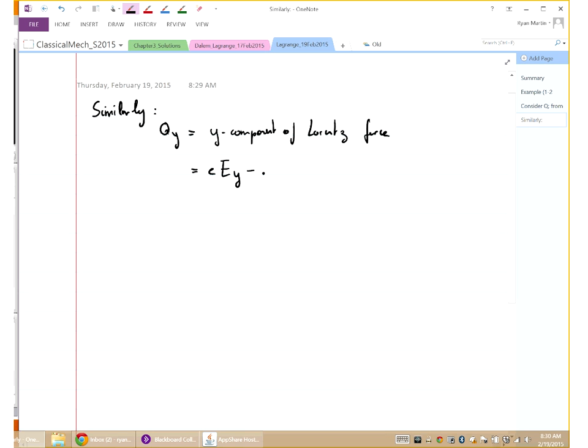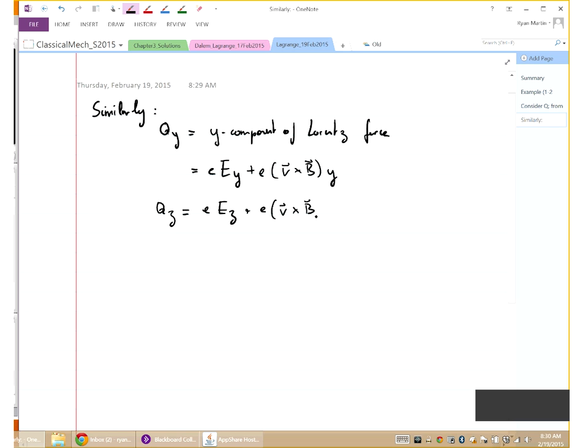So that would just be e times Ey plus e times v cross B y component. And similarly for Qz, you would get the z component of the Lorentz force.